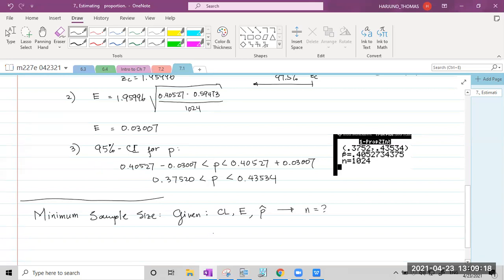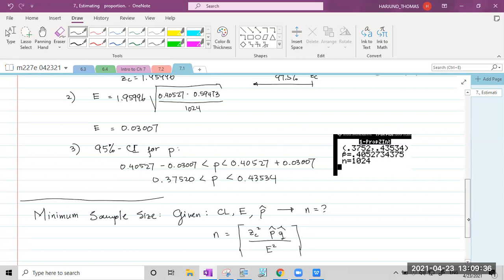The formula will be critical value squared times p hat q hat over margin of error squared.